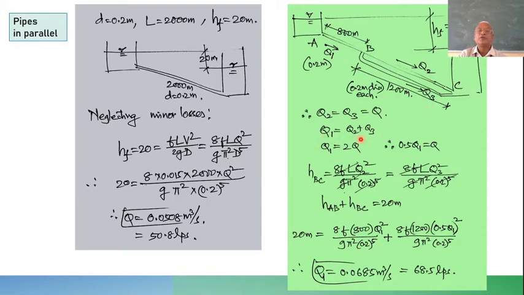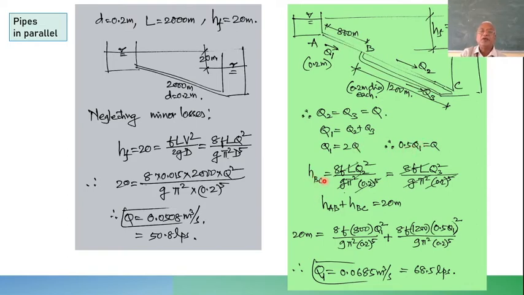So Q1 is equal to Q2 plus Q3. In that, if you use Q2 and Q3 as Q here, Q1 is equal to 2 into Q. Therefore 0.5 Q1 is equal to Q. Means the discharge in each of these pipes is half of the Q1, 0.5 Q1, right?